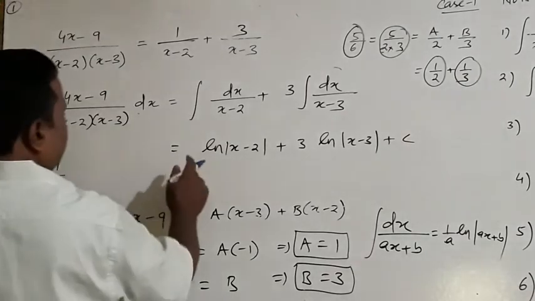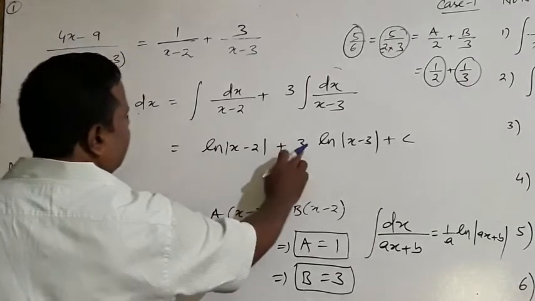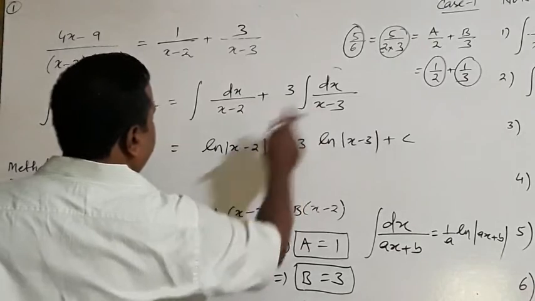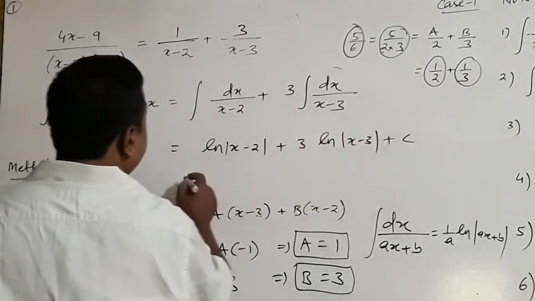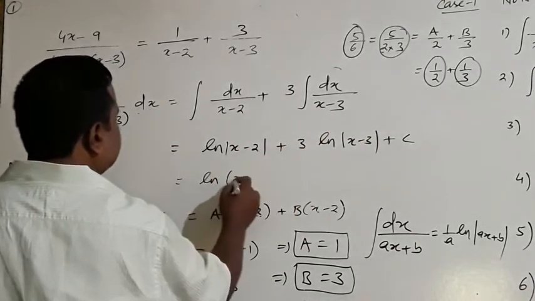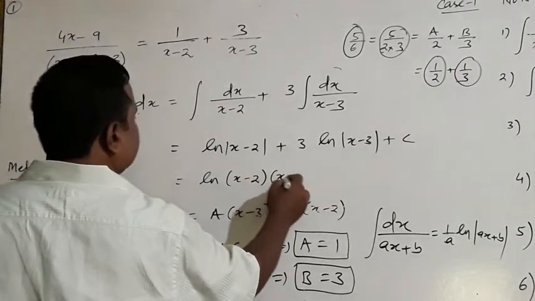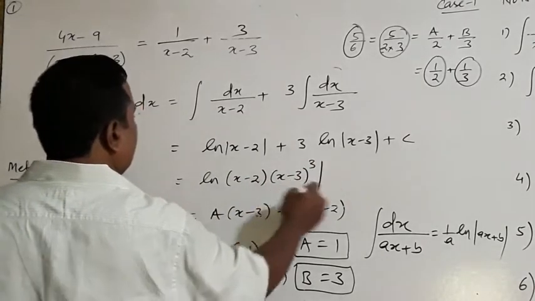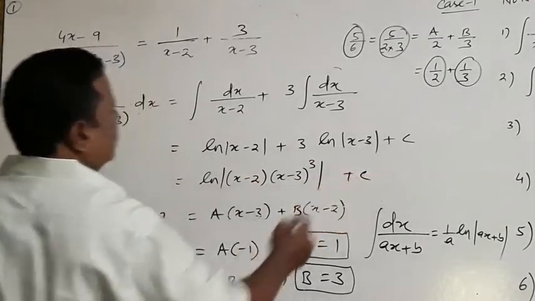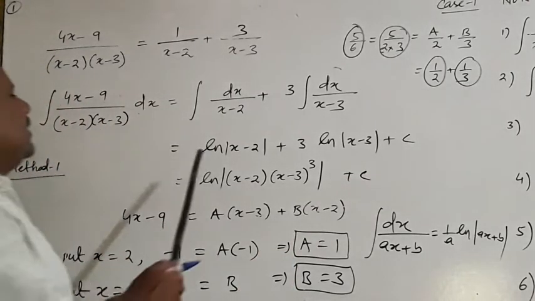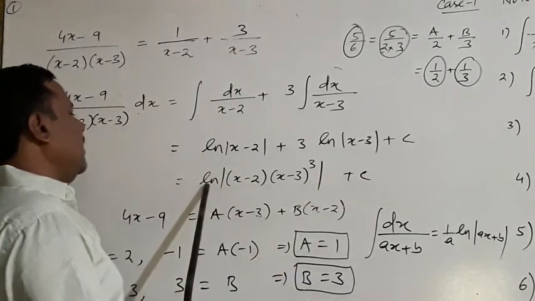This is the answer. If you simplify, take this 3 to the power, it becomes ln of x minus 2 into x minus 3 whole cube, because log a plus log b is equal to log ab.